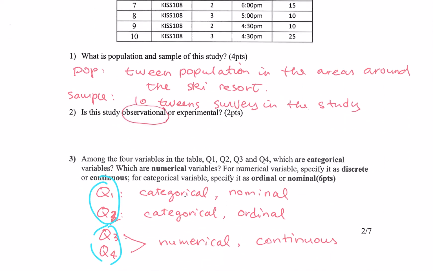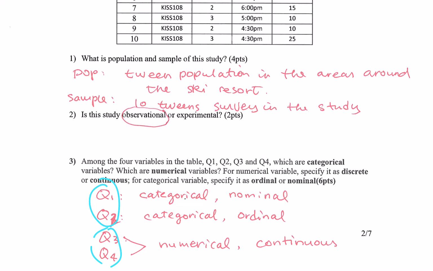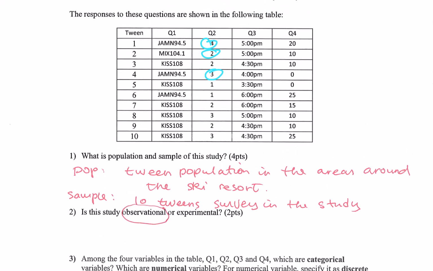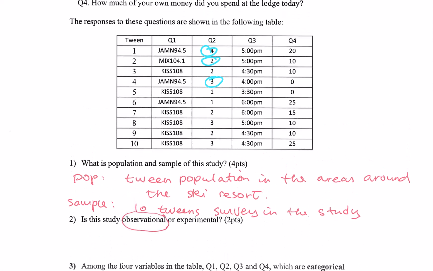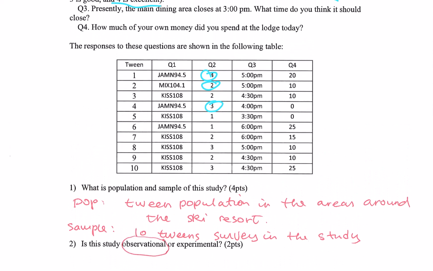And then for Q3 and Q4, the numerical variables, we need to specify whether they are discrete or continuous. In this case, both should be continuous. Some of you may ask why Q3, the time, is also continuous.